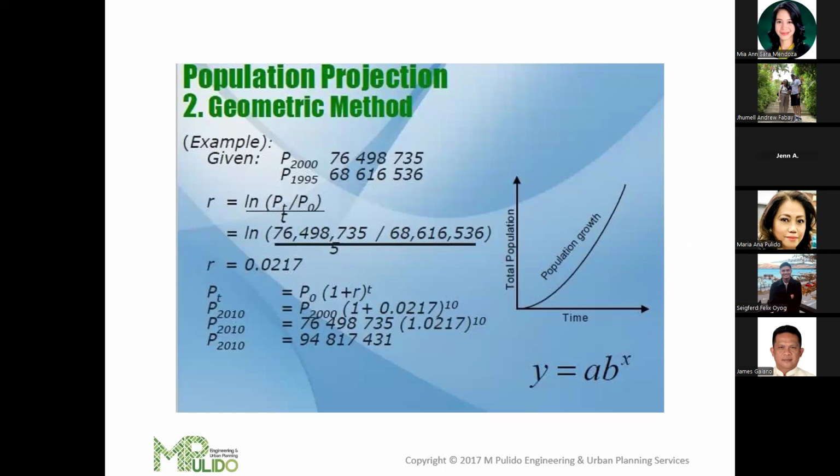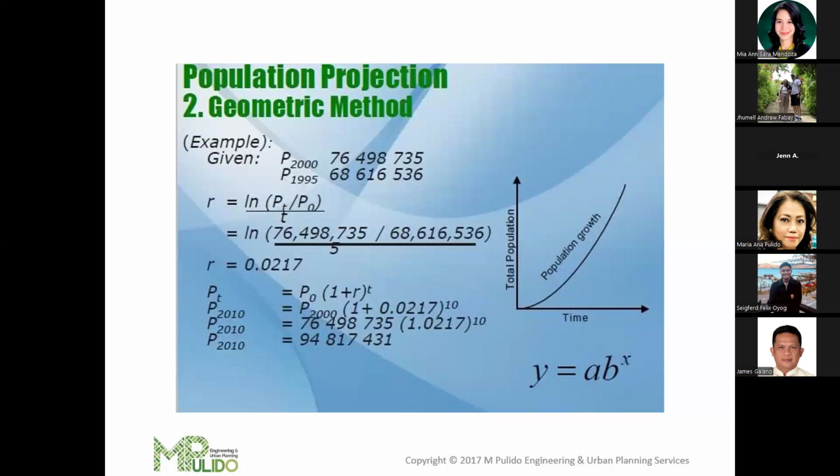498,735 is for 2010, and then 68. So applying the formula, we get R as 0.0217.